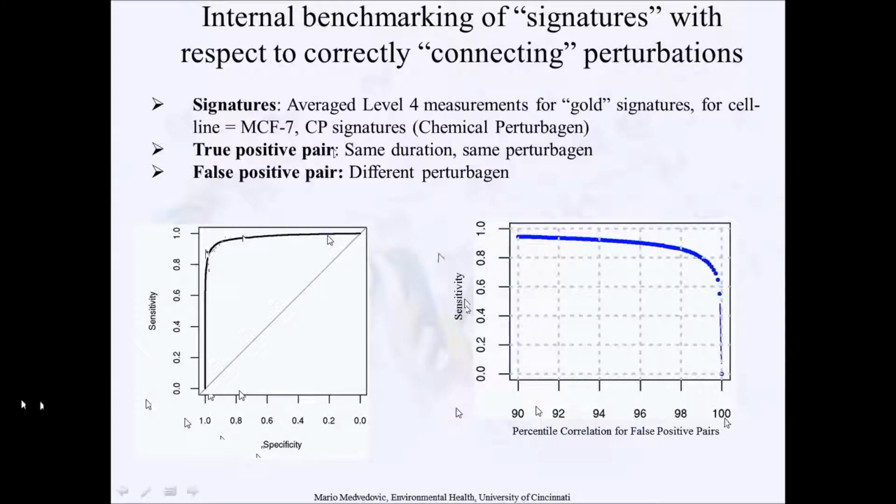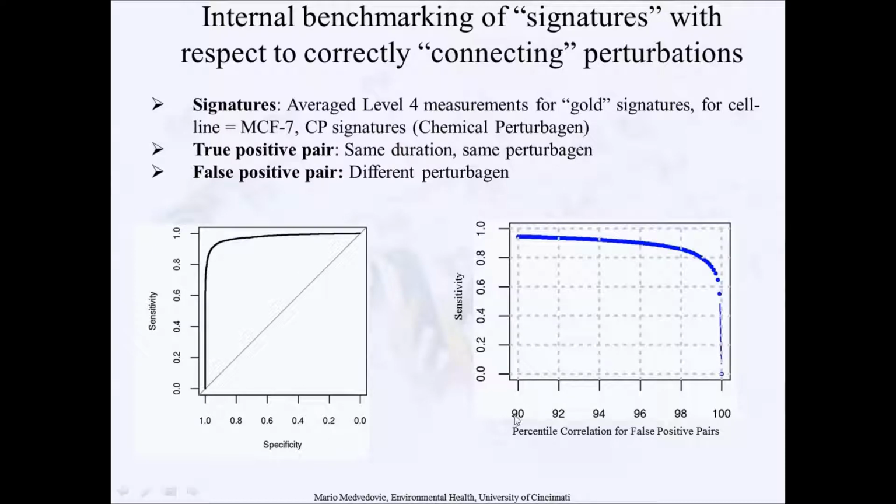But using this kind of whole ROC curve doesn't look like it's going to be useful for resolving maybe a better way to construct or compare these signatures, instead of just doing averages and using a correlation coefficient for measuring similarity or concordance. So on the right hand side is still basically the same information as in the ROC curve, but focusing on just a very high specificity range.